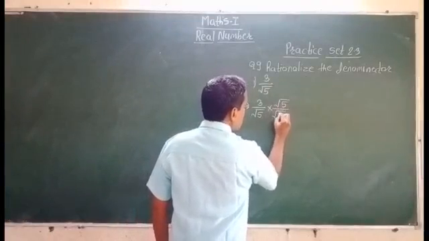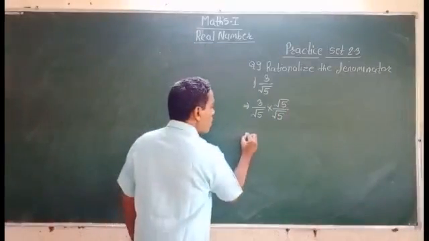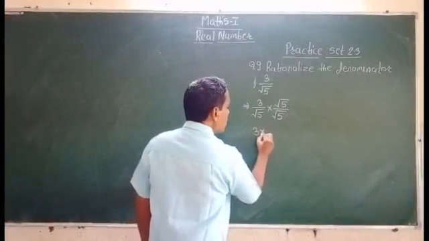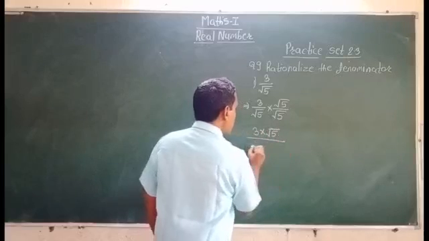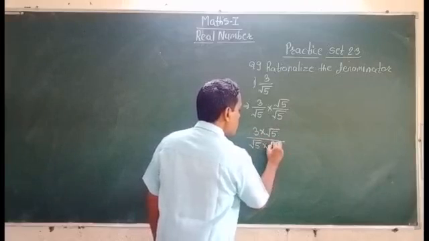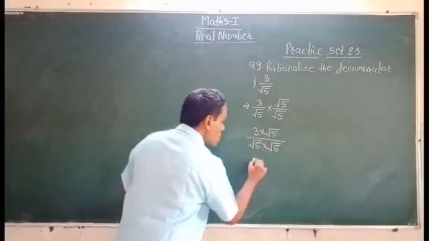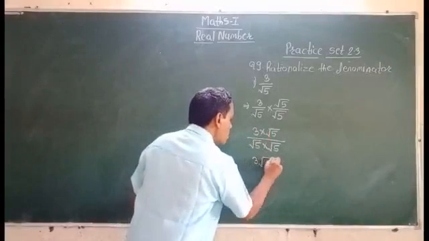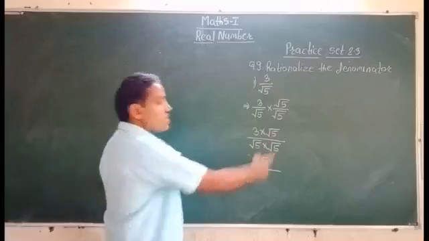Where we get the product as 3 into root 5 upon root 5 into root 5. Therefore, 3 into root 5, that means 3 root 5, upon root 5 into root 5.